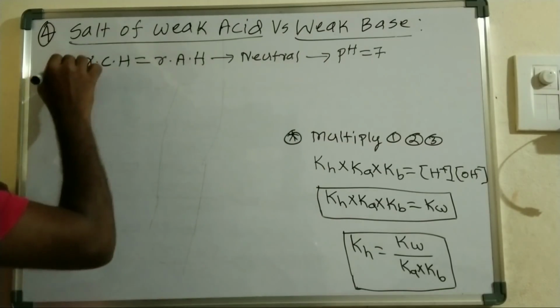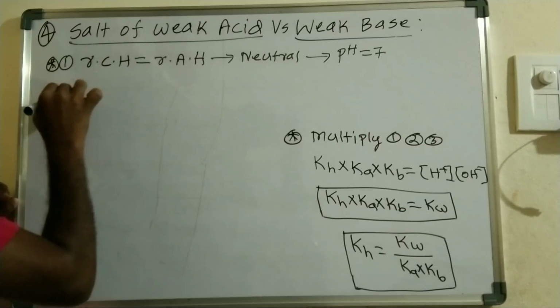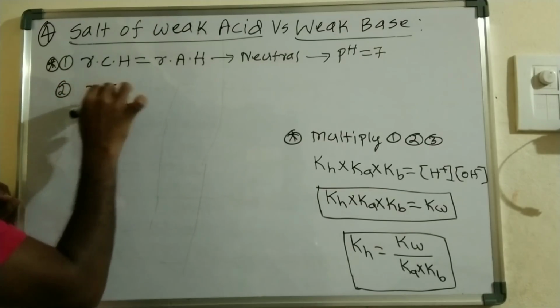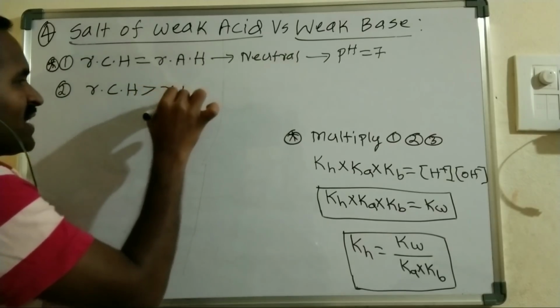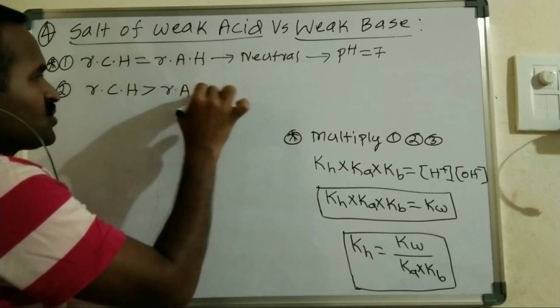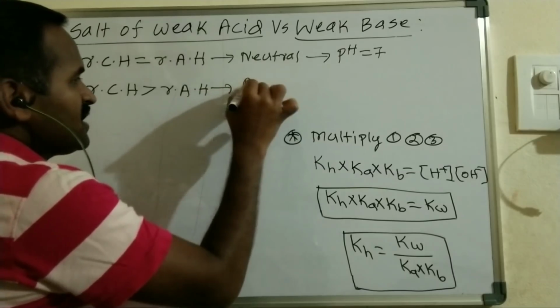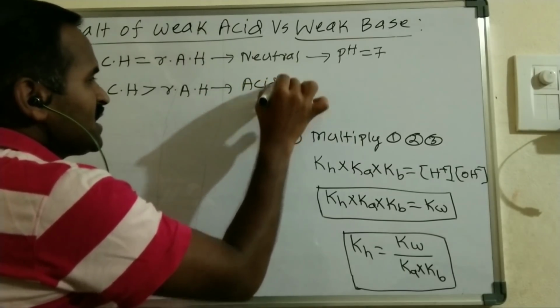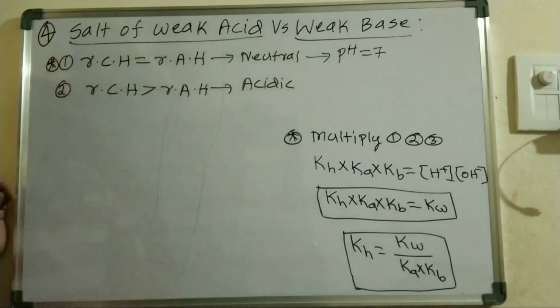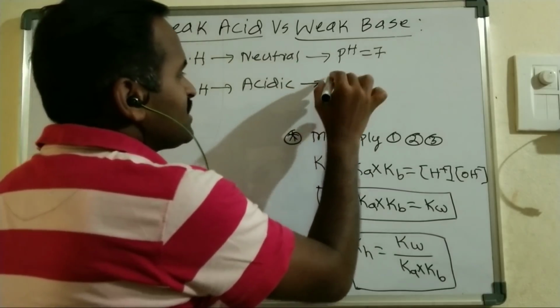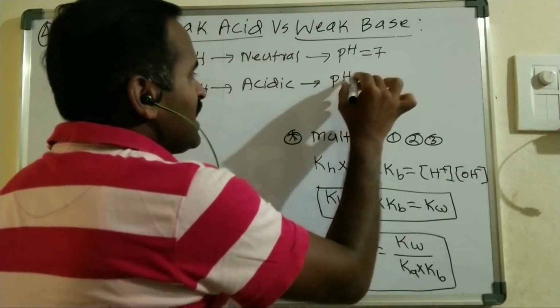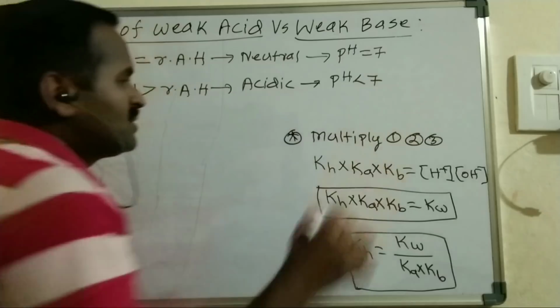This is one possibility. The other one is when the rate of cationic hydrolysis is dominating over the rate of anionic hydrolysis. Then the solution is acidic in nature. If the rate of cationic hydrolysis is more than the rate of anionic hydrolysis, then the solution is acidic, and its pH value is less than 7, right?